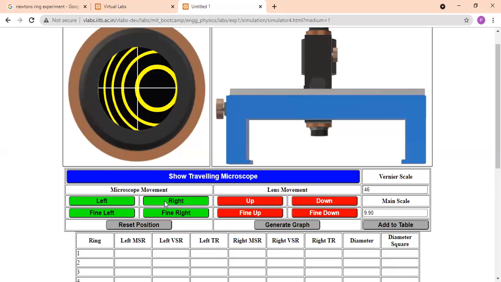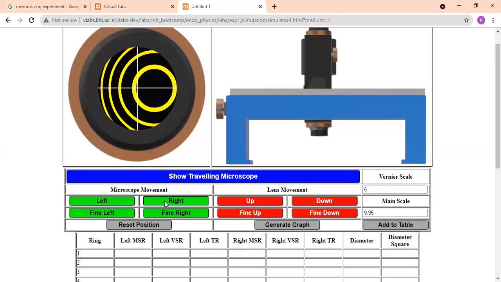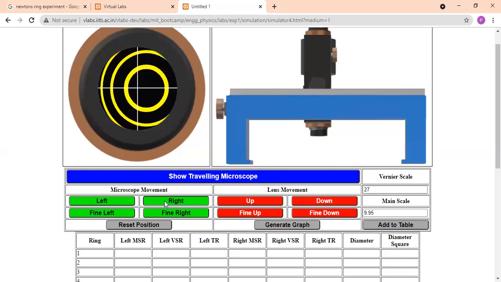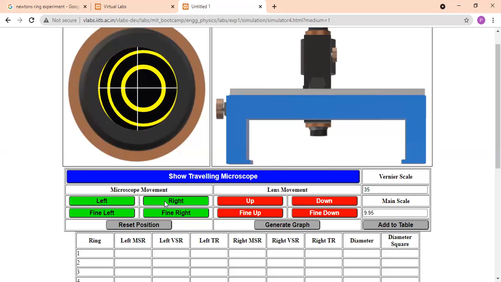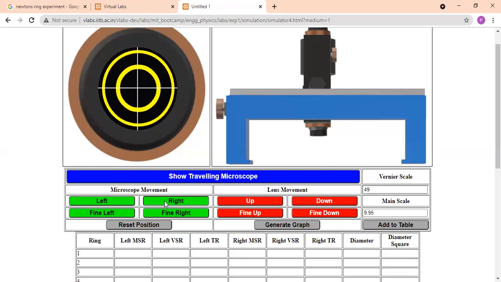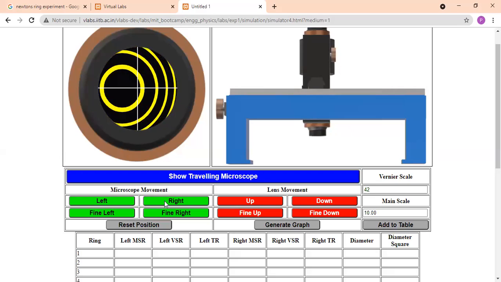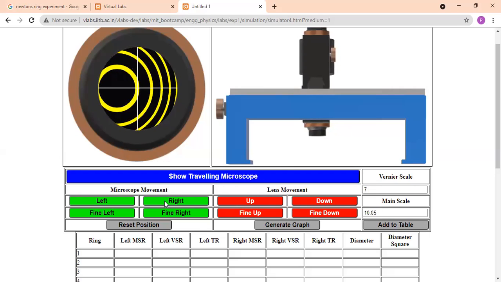सिमिलरली आप अगर मैं राइट में जाता हूँ, है ना, तो आपको पहले रिंग का दूसरा रीडिंग है ना, तो ये आएगा मेन स्केल पे.